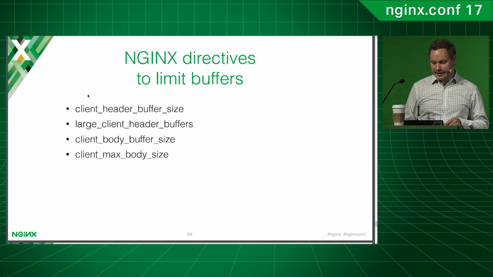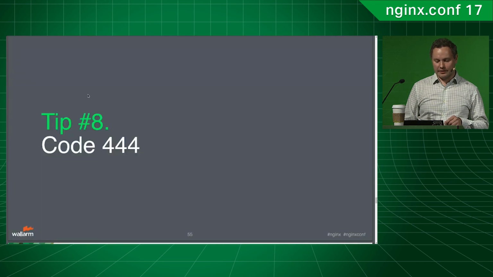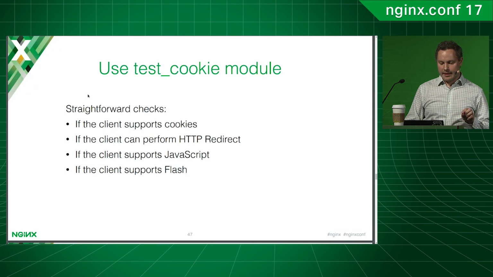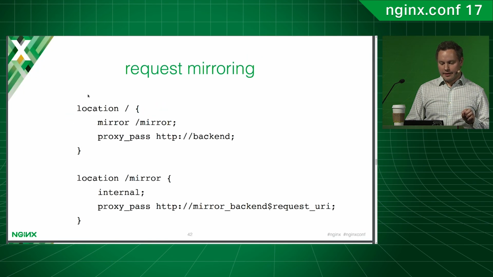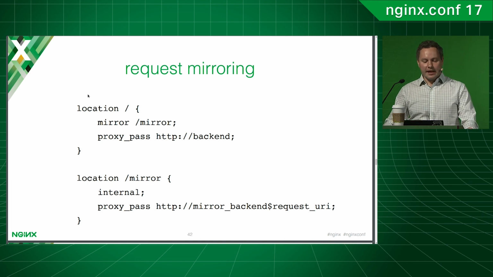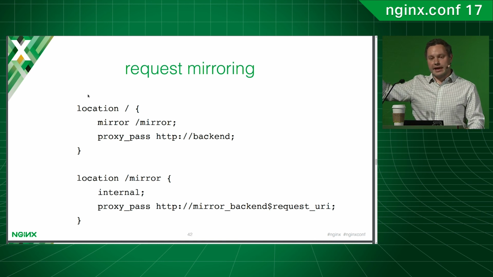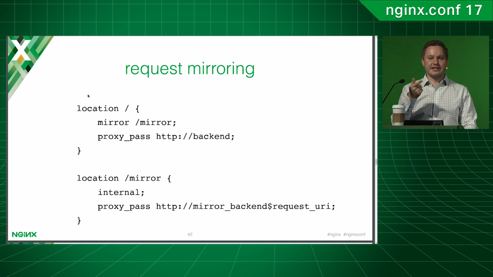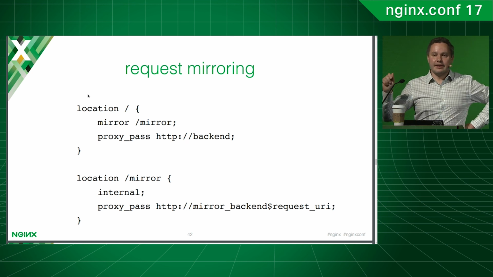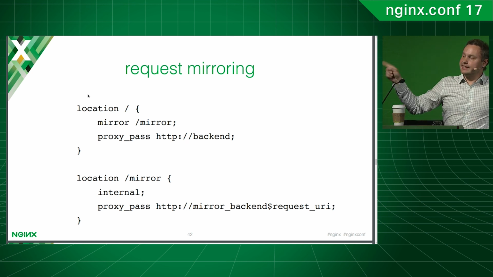This is a good question for the NGINX team as well. So let me show you. You can use this mirror directive, and it will copy the request to an additional backend. I don't know exactly what the difference is, but there are NGINX guys here. What I need to mention here is that this has a limitation.